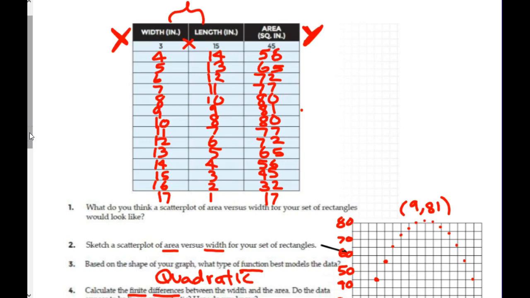So, 56, and let's do this fast. 56 minus 45 is what? 11. 65 minus 56 is what? 72 minus 65 is? Okay, 77 minus 72. Do you see a pattern happening here? Going down by 2. What's 80 minus 81?